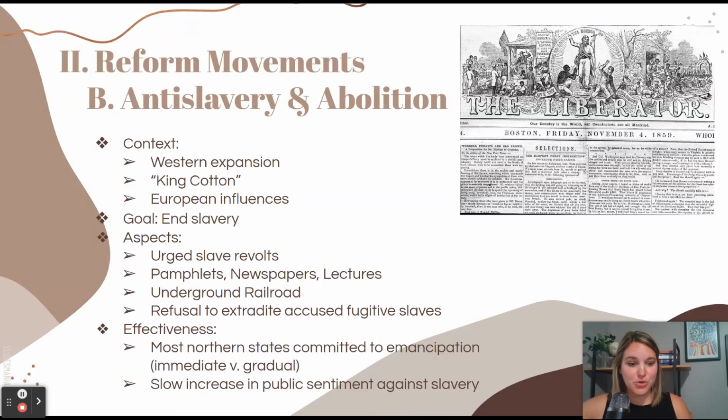For example, there's a group called the American Colonization Society, and this sounds contradictory, but the American Colonization Society was actually racist. They believed that the problems in America were caused by African Americans and white people living in the same space. And so their goal was to move African Americans out of America and send them to Africa.